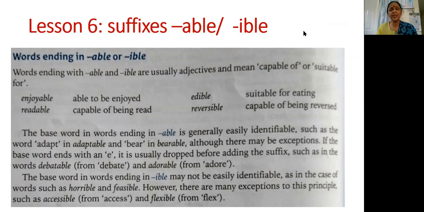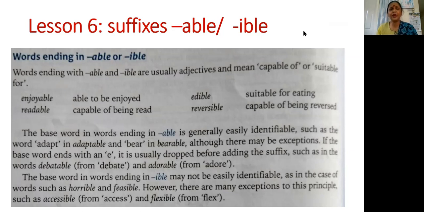In the same way, the base words in words ending with IBLE may not be easily identifiable, as in the case of horrid, horrible, feasibility, feasible, accessible, access, accessible, flex, flexible.